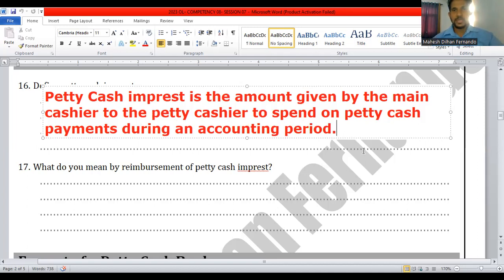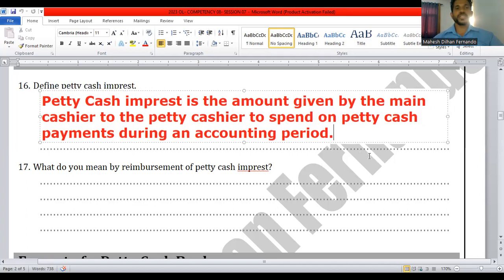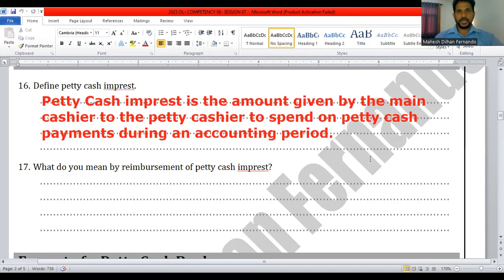Here we have the description or introduction of petty cash imprest. Petty cash imprest is the amount given by the main cashier to the petty cashier to spend on petty cash payments during an accounting period.